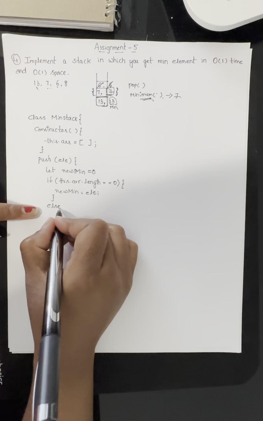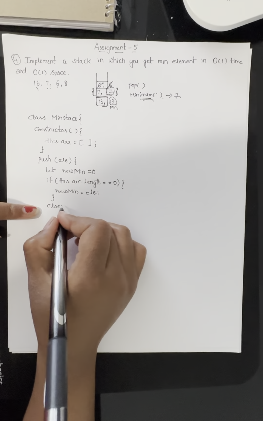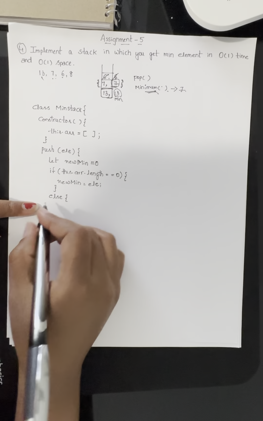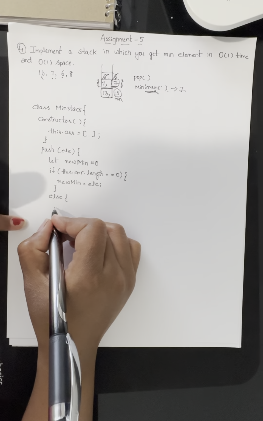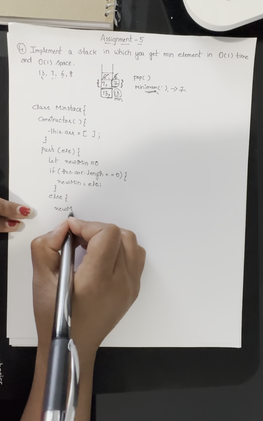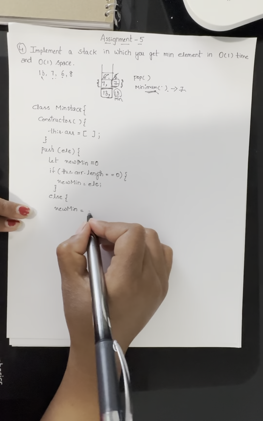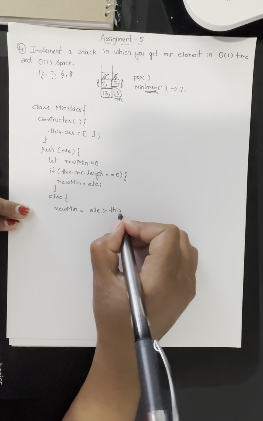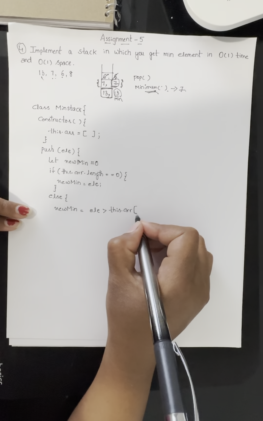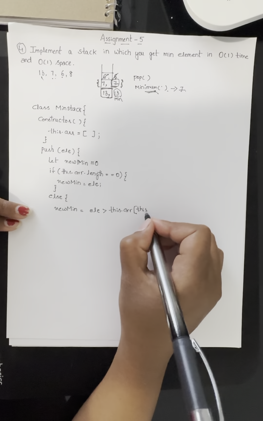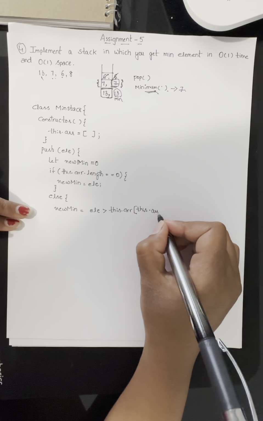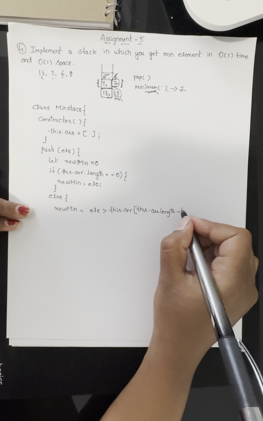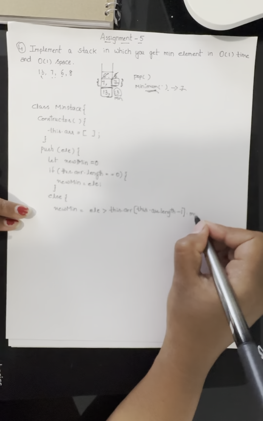Else, if that is not the first element, then we'll compare the element with the previous minimum. So for that, newMin equals element, this.array[this.array.length - 1], which means the last element in the array, .min.